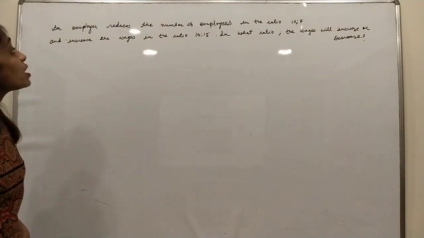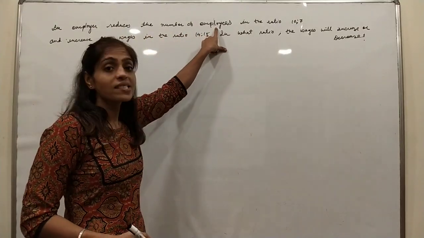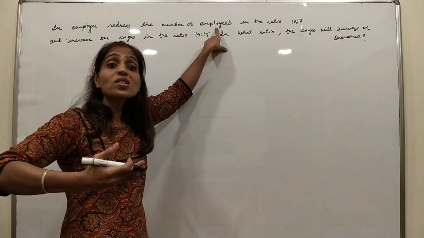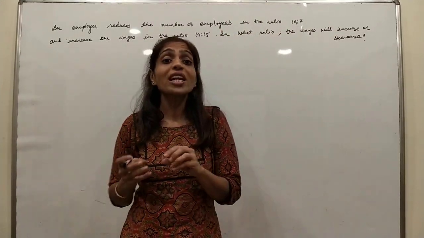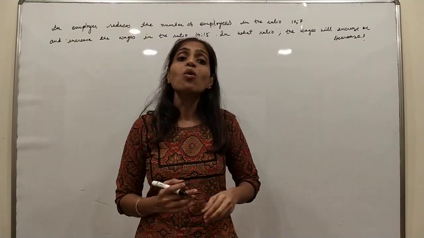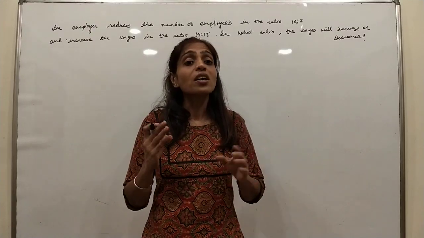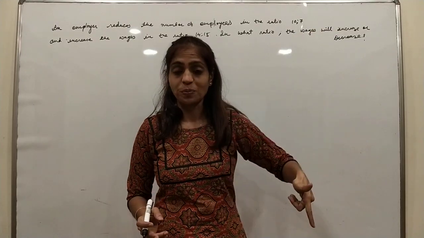An employer, meaning owner, reduces the number of employees, meaning workers, in the ratio 10:7. Now initially 10 parts of the workers were present in the factory. Now only 7 parts of the workers are present. In short, the number of workers decreases from 10 to 7 in the ratio.